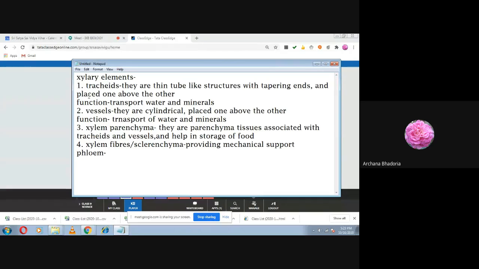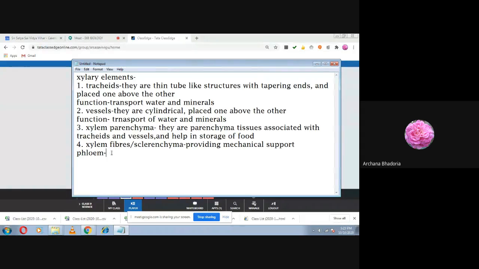Parenchyma and the xylem fiber, they are the supporting elements. Parenchyma helps in storage of food, and the xylem fibers give strength to the vascular tissue, that is the xylem. Now we take up the phloem.